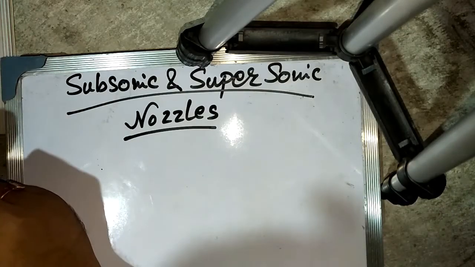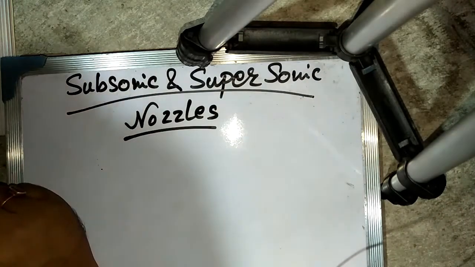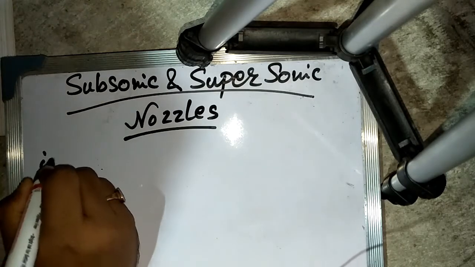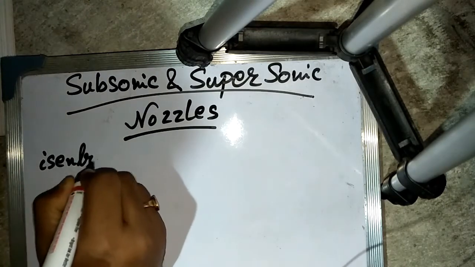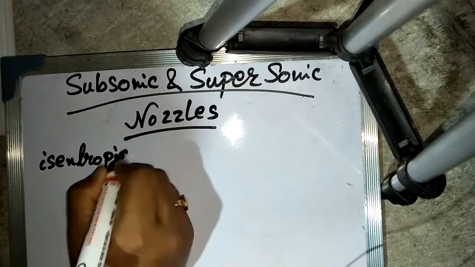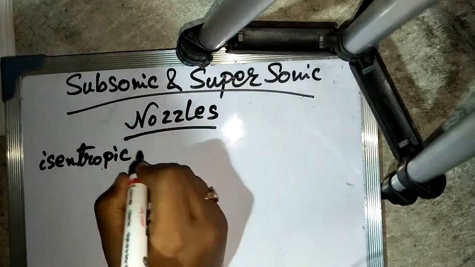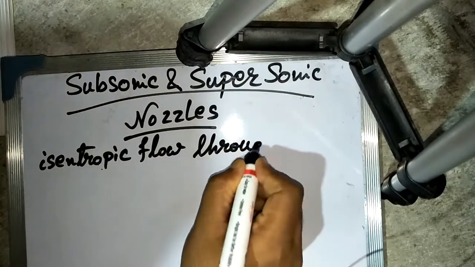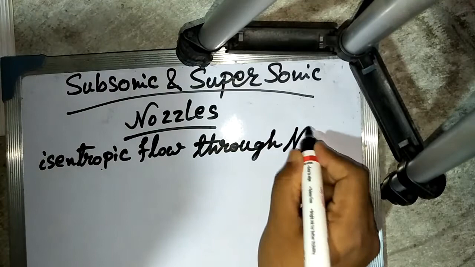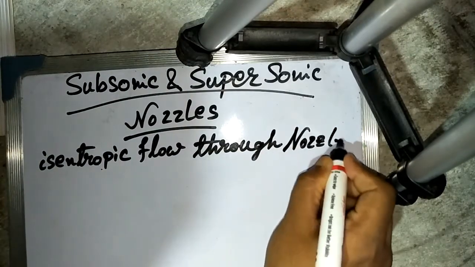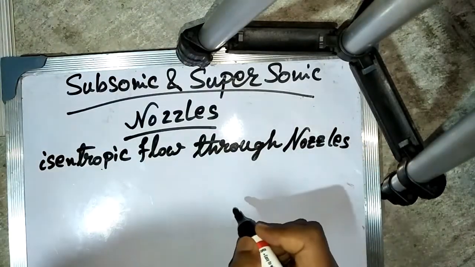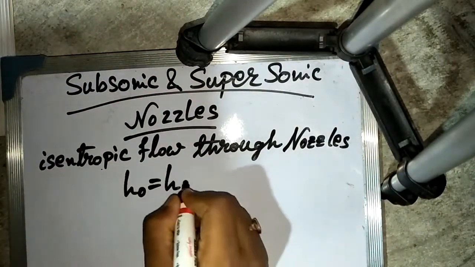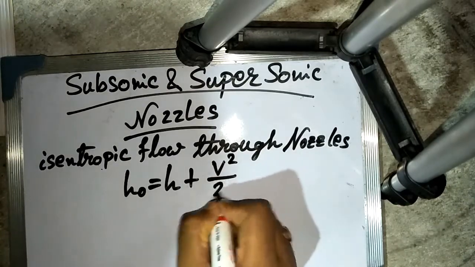Now the subsonic and supersonic nozzles. So for isentropic flow through nozzles, we can write H0 equals to H plus V square by 2.